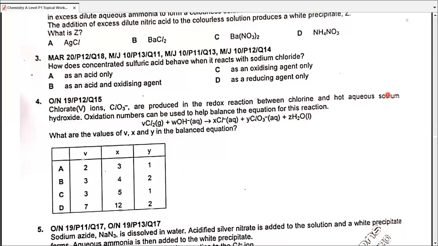I think A, because it is not a redox reaction.